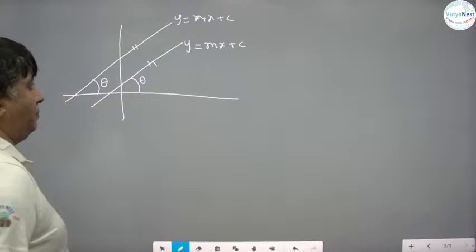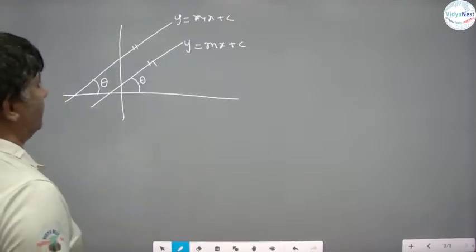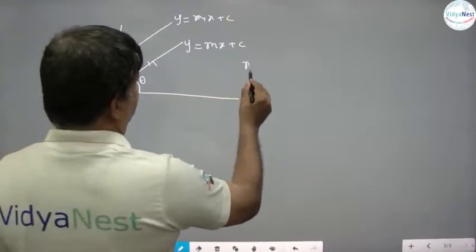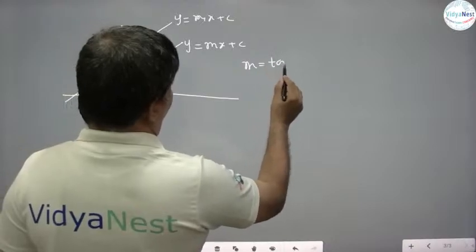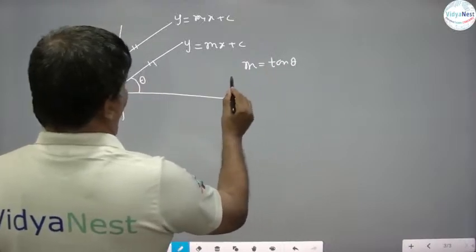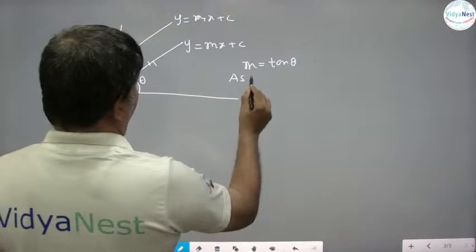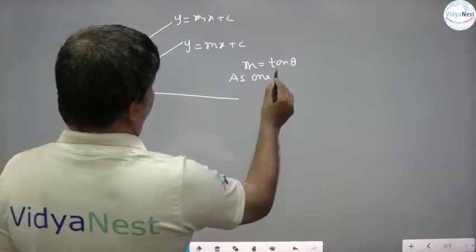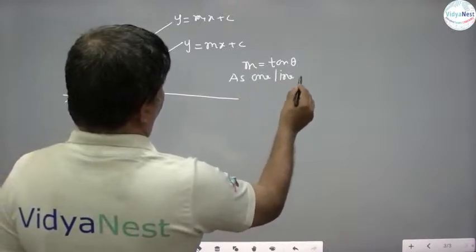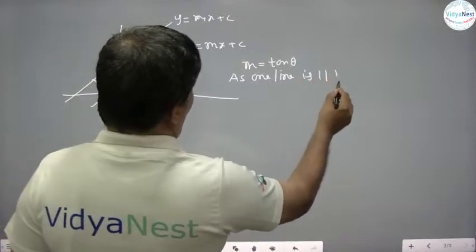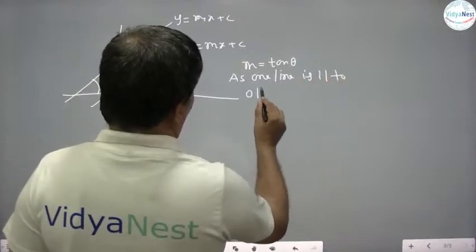Two lines are parallel to each other. m is equal to tan theta, as one line is parallel to the other.